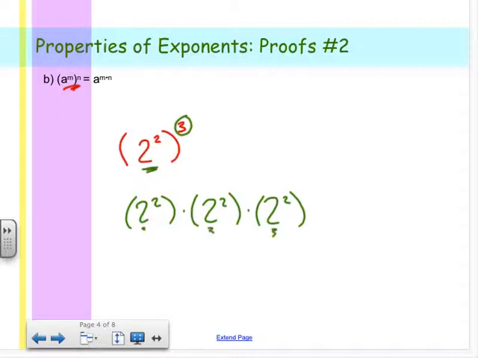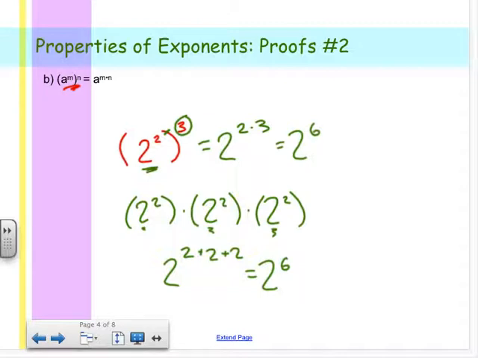So I'm going to add the exponents together. My base is 2 for all of them. I'll add the exponents, which would give me 2 to the 6th. Now, looking back at our original expression, that's really the same exact thing as multiplying those two exponents together. What we call this is a power raised to another power.